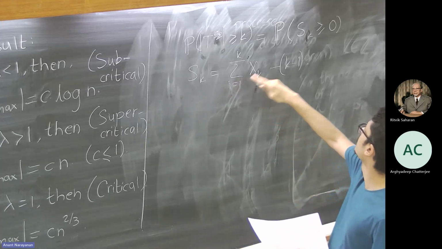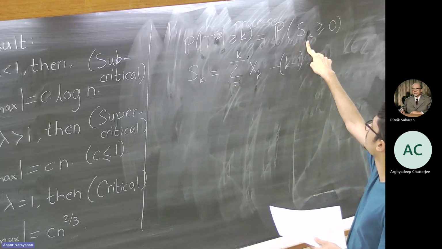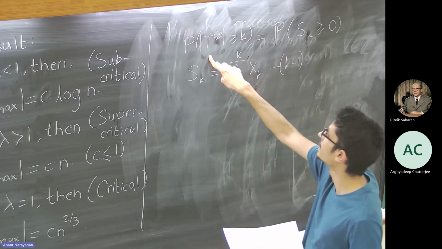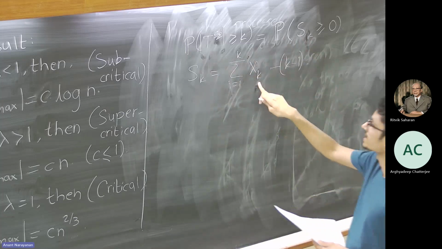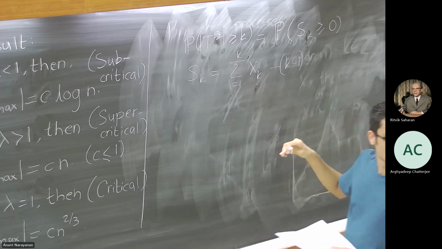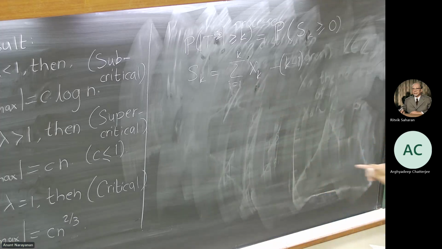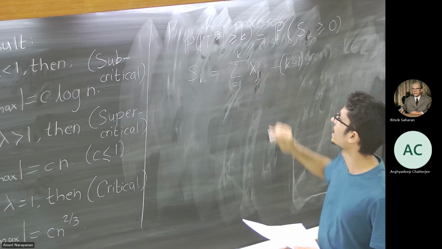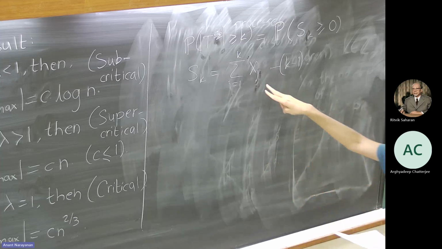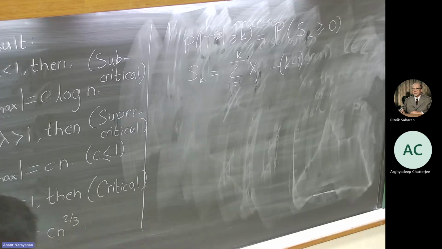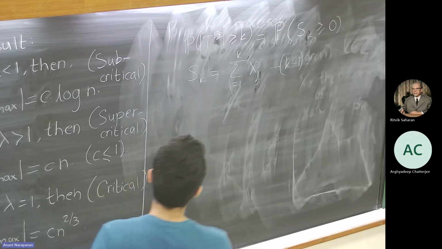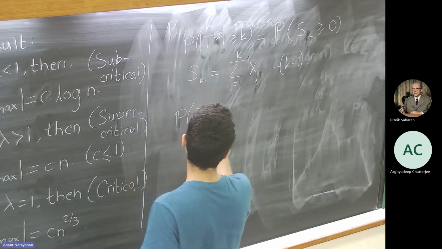Here, what we have is that Sk in this case is a binomial, and each of the x's is a binomial n comma lambda over n random variable. So what you want is the probability.